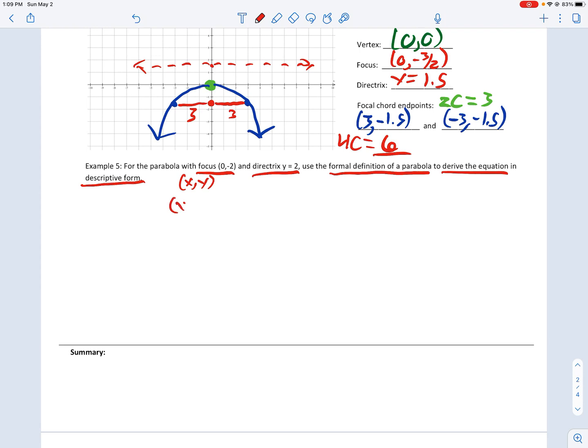So I'm going to show the distance from that point to the focus. That distance between those 2 points is the same distance between that same point xy and a point on the directrix. Well, the directrix is at 2. I don't know what that other point is, so I'm just going to call it x.